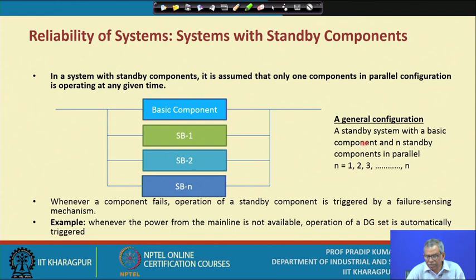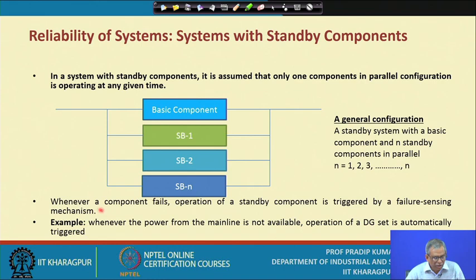A general configuration, if you look at it, is a standby system with a basic component, as I already mentioned, and n standby components in parallel. The parallel systems we have already explained, and n could be 1, 2, 3 up to n. Whenever a component fails, operation of a standby component is triggered by a failure sensing mechanism. That means the systems must be automated.